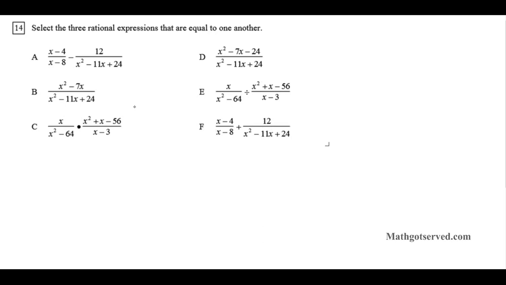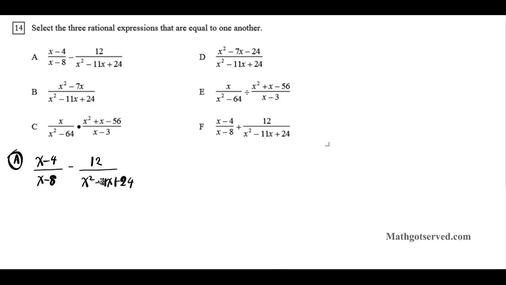So let's go ahead and factor the trinomials, okay? So starting with option A, for option A, we have x minus 4 divided by x minus 8, minus 12 over x squared minus 11x plus 24.